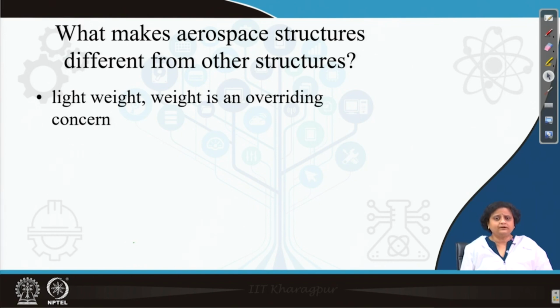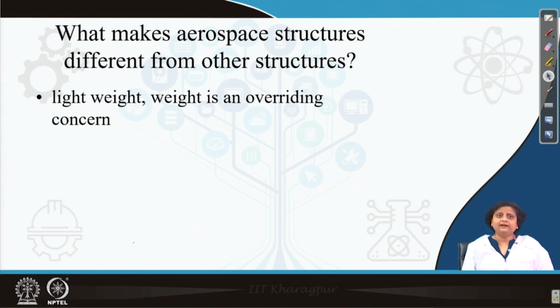On first thought, you will be able to understand that lighter weight is a criterion for almost every structure, because the lighter the weight, the lower the cost. So, we always want to make a bridge lightweight, a building lightweight, a mechanical machine lightweight, because lightweight means less material, which means lower cost usually.